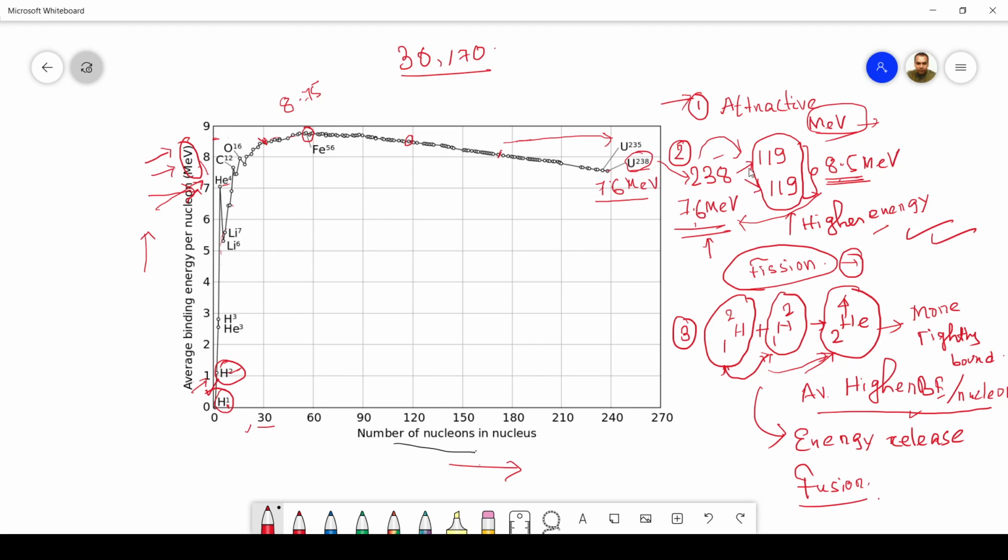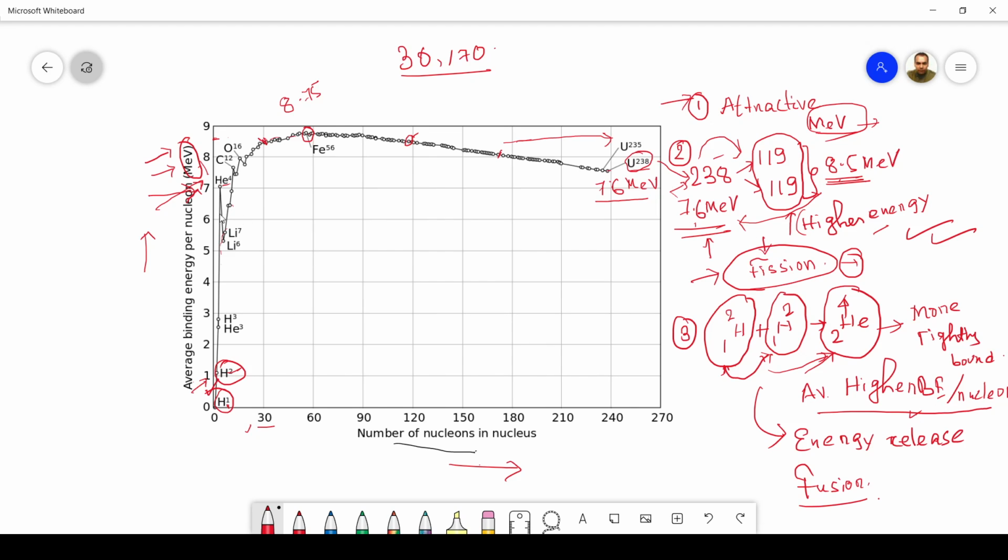Suppose we break uranium 238 into two lighter nuclei, each having 119 nucleons. That will have more average binding energy per nucleon as compared to the parent nucleus, and energy would be released. Such a process of breaking a heavier nucleus into two lighter nuclei is known as nuclear fission.